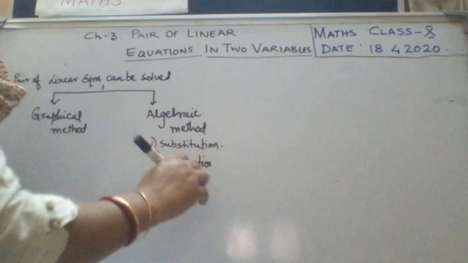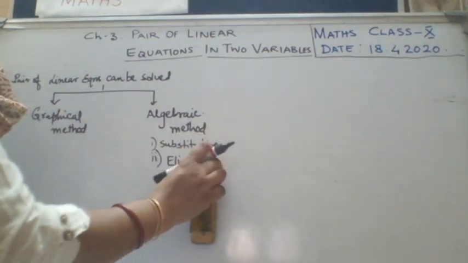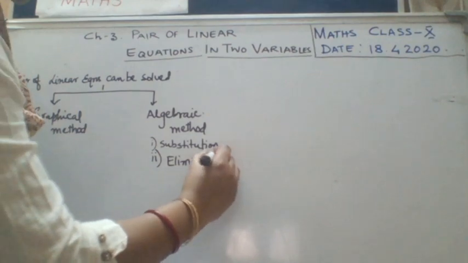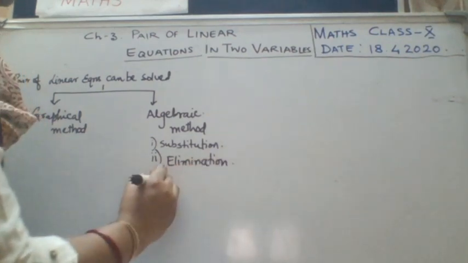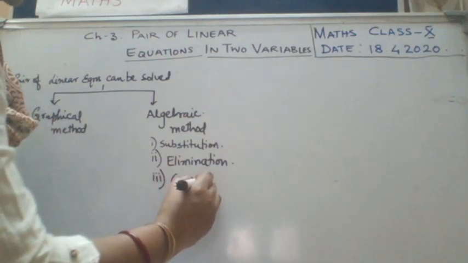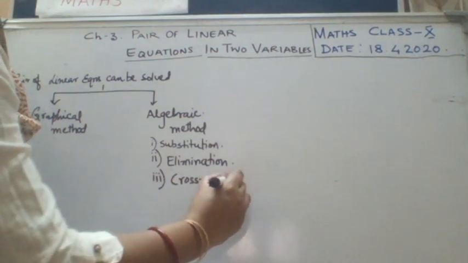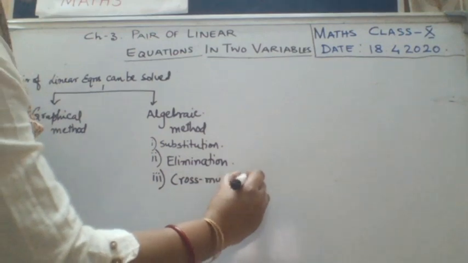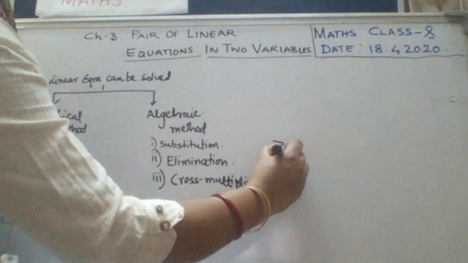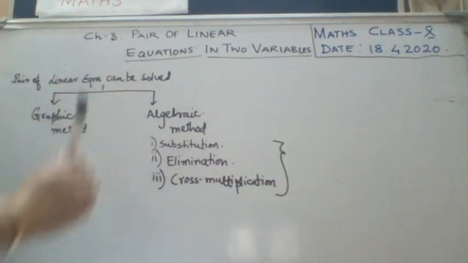Elimination method, and number 3 is your cross multiplication. So these are the three types of algebraic solutions of pair of linear equations.